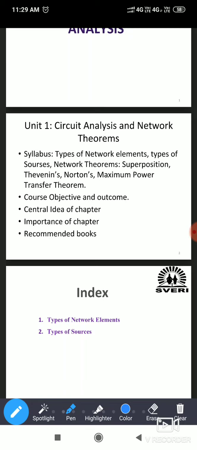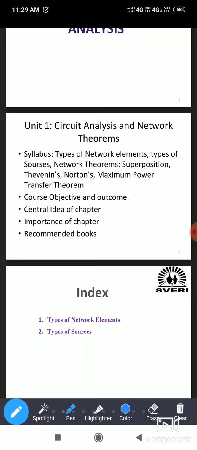Those techniques we already learned under circuit analysis, that is the 4 methods, or KVL and KCL as well: nodal analysis, super nodal analysis, mesh analysis, super mesh analysis. These are the techniques. Along with the techniques, we can use the network theorems, which are useful to get the required current and voltage across any element present in the given network. So this will be the central idea.